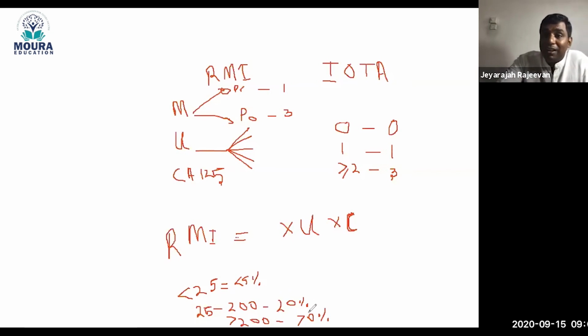So if it is a high risk, what are we going to do? We are going to do the MDT meeting. What is an MDT meeting? A multidisciplinary team meeting with the involvement of subspecialties like the gyne-oncologist, oncologist, radiologist, right?